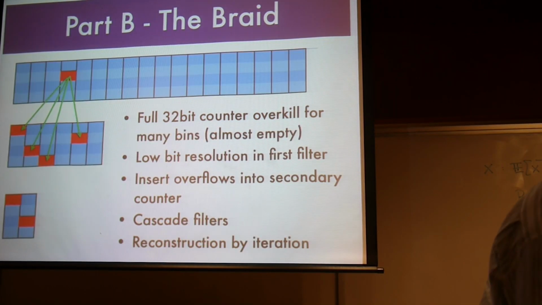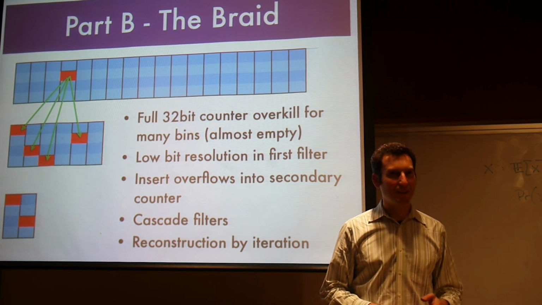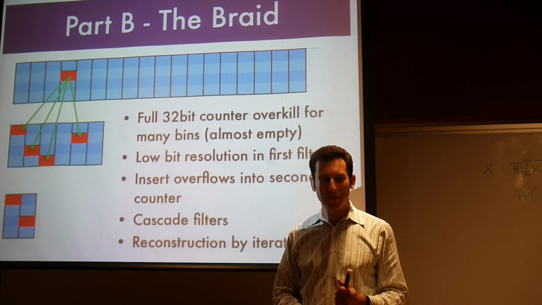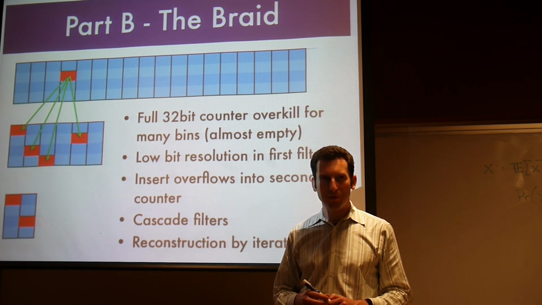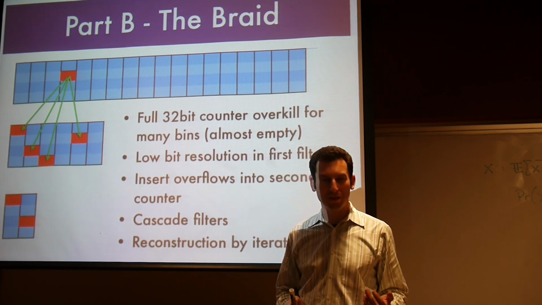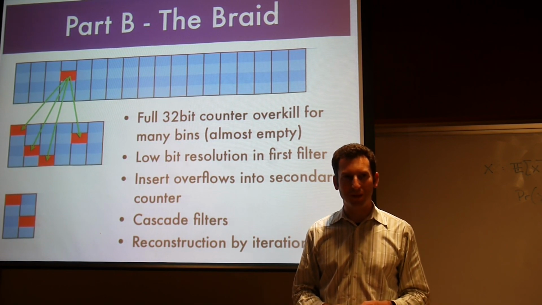Now, the really cool part is that you can actually iterate this data structure. So what happens is the following. If you allocate enough space in your count min sketch, you're going to end up with a lot of zeros. And you may not necessarily want that.